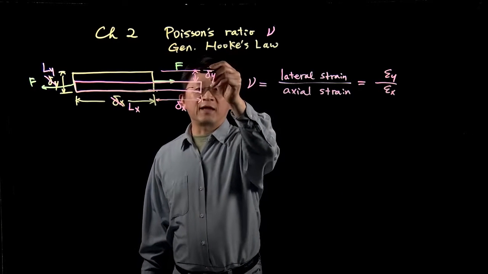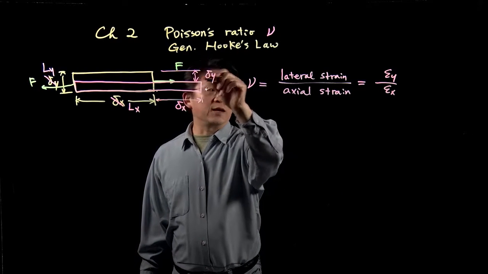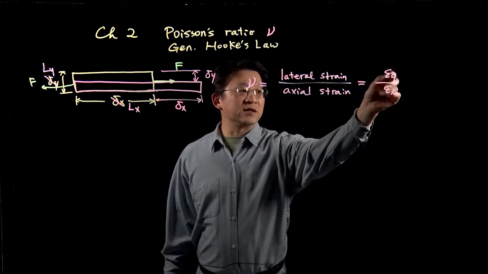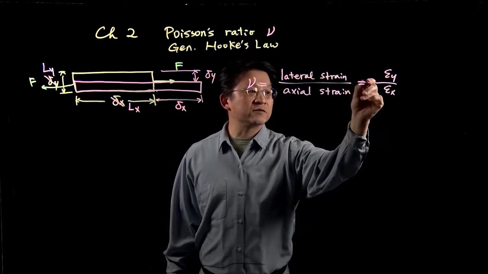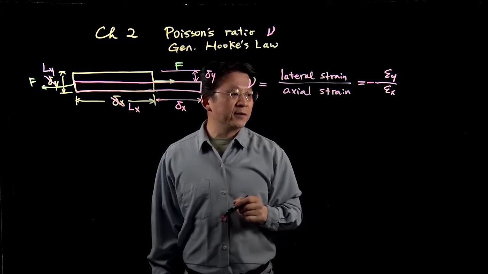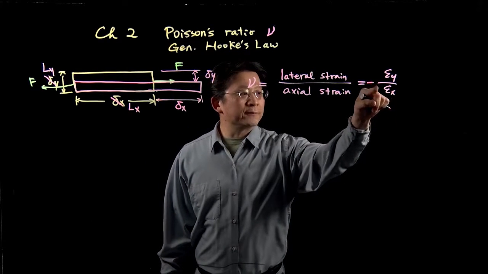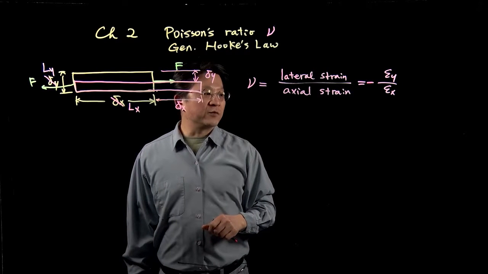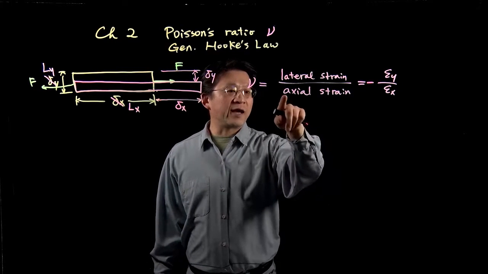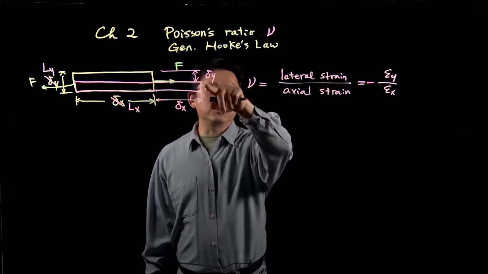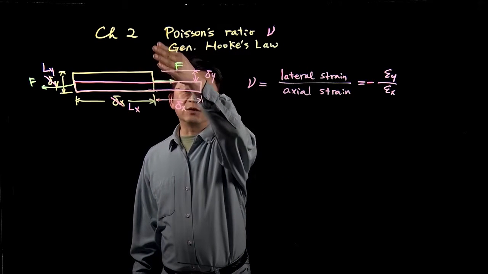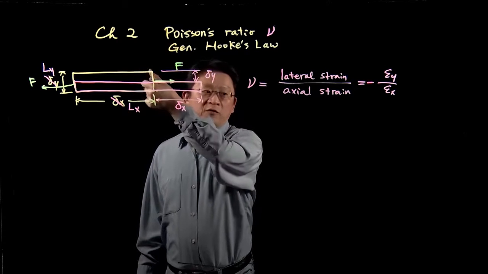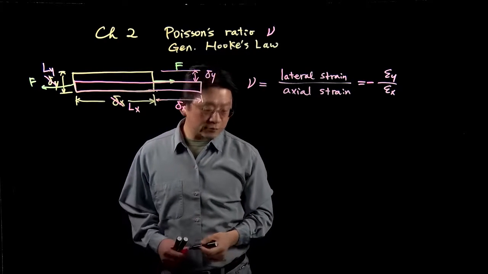And epsilon y is a reduction, so implicitly this is a negative number. We keep the Poisson ratio positive, so here we artificially add a minus sign. This is the definition of the Poisson ratio. One more time, the axial direction is the direction in which the loading is applied. The lateral direction can be the vertical direction or the out-of-the-board direction here.